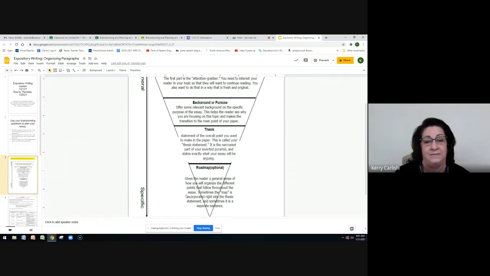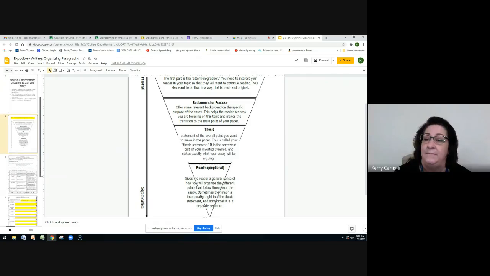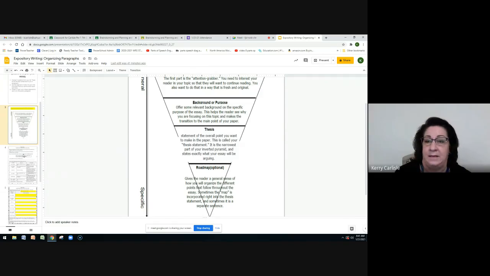A roadmap gives the reader a general sense of how you'll organize the different points. And that's where you're kind of saying, I'm going to tell you how, I'm going to tell you where, I'm going to tell you when. And your thesis statement in this case might be like, I think this book is really amazing, and I would like to tell you more about it, something like that. So that's the basic screen for that.